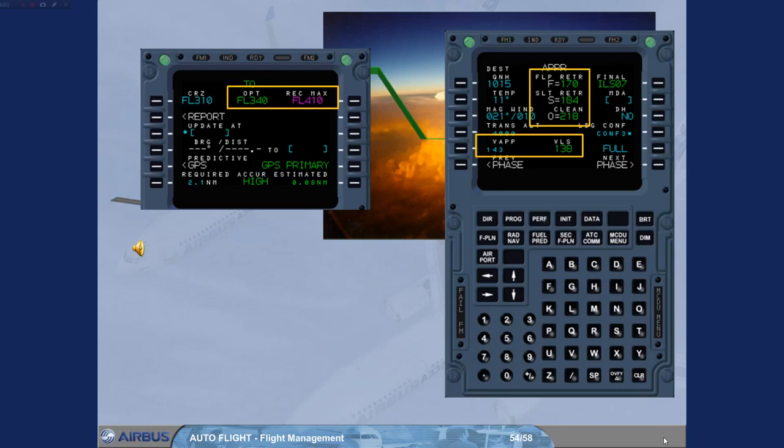The optimum flight level is the one at which the aircraft incurs the lowest cost for given flight plan, gross weight, and CI. Note, these terms will be discussed in more detail in the performance course.